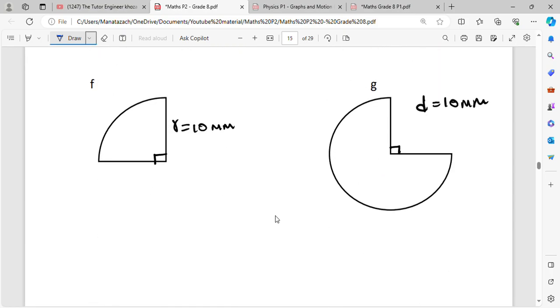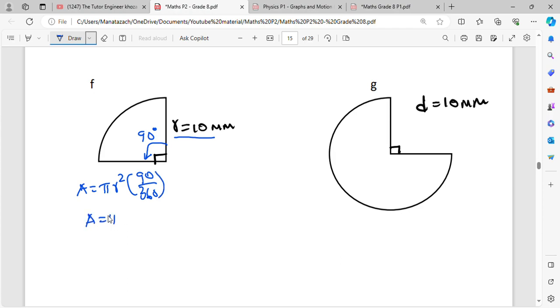Okay, now let's do question F. Question F, you have a quarter of a circle. This angle here is 90 degrees. You have a radius of 10 millimeters. So the equation for the area of a circle is pi r squared. Since this is a quarter of a circle, you'll take 90 divided by a full revolution of 360.